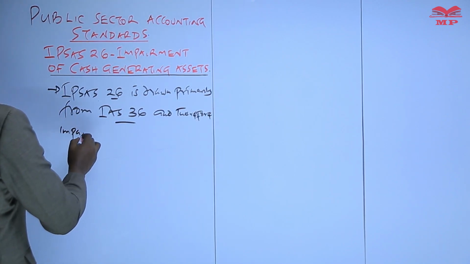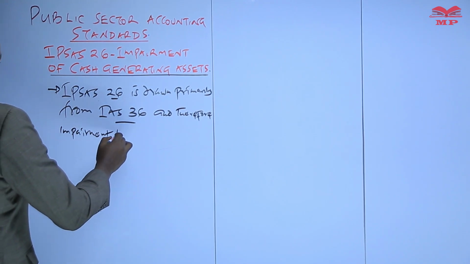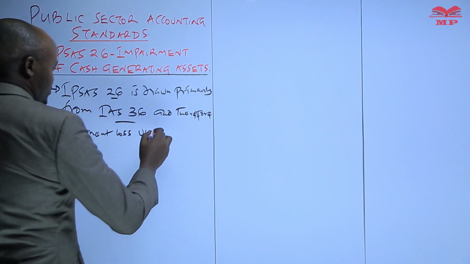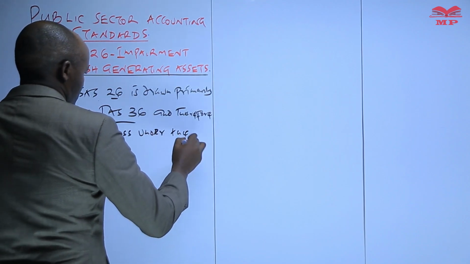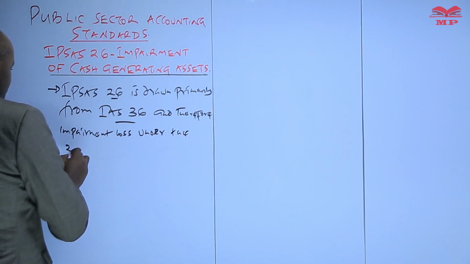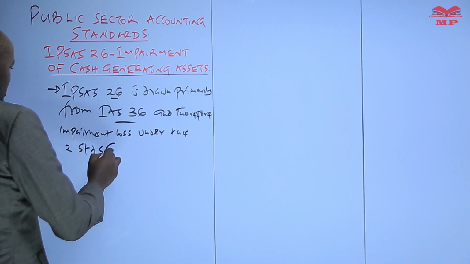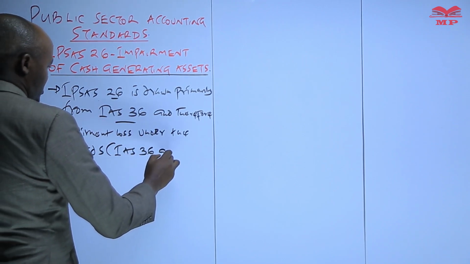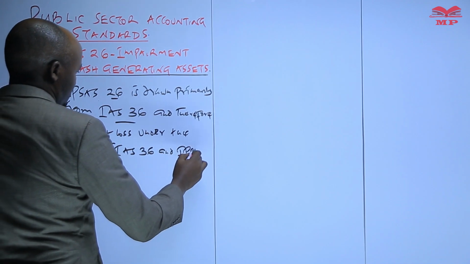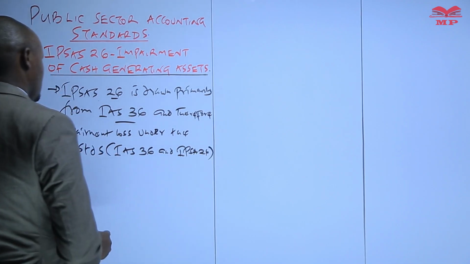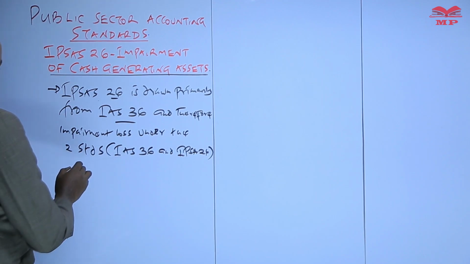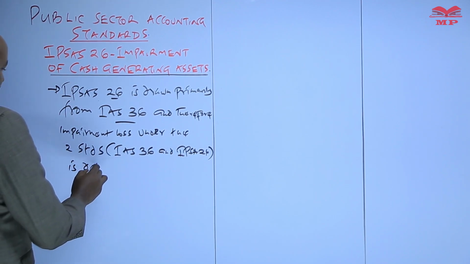Impairment loss under the two standards, IAS 36 and IPSAS 26, is determined in the same way.